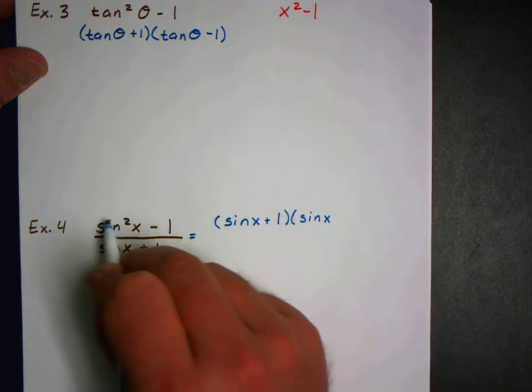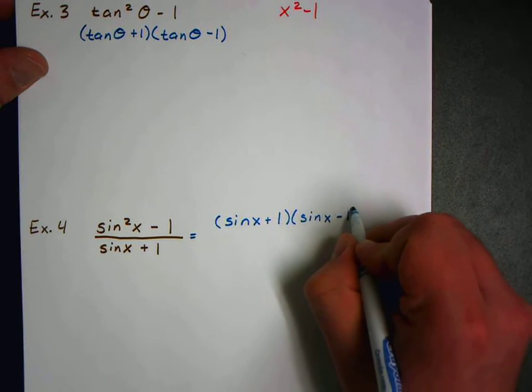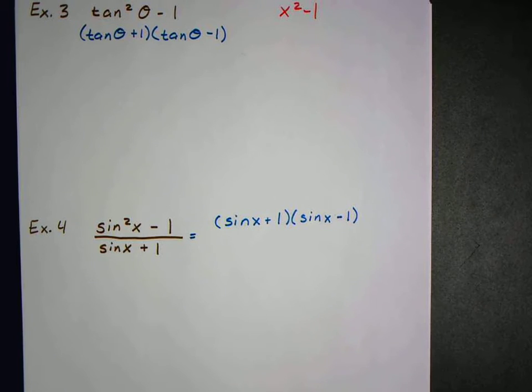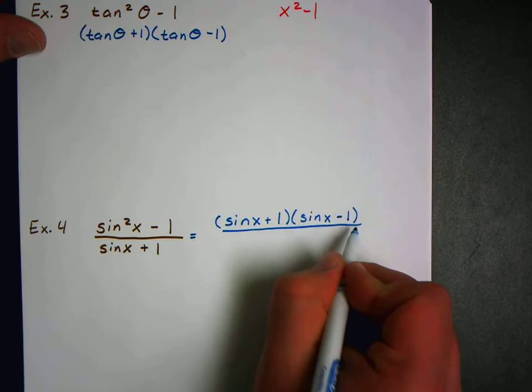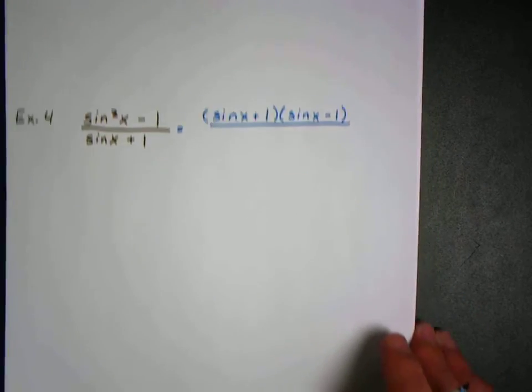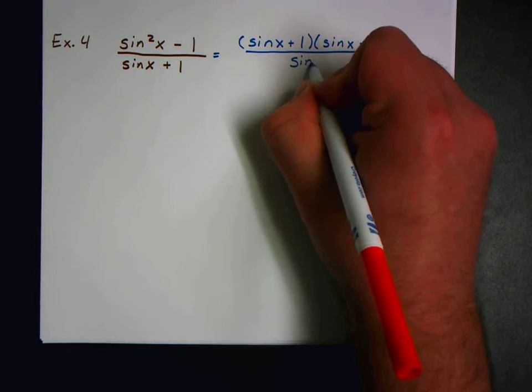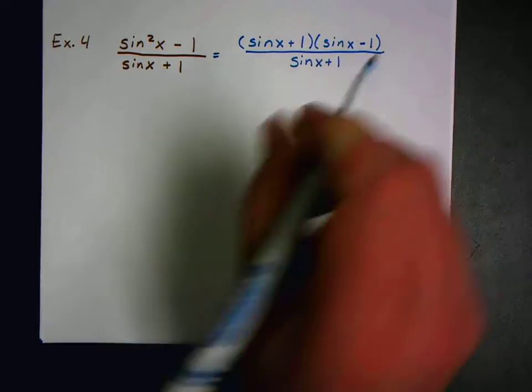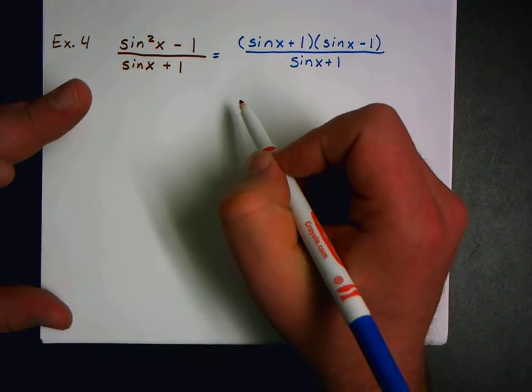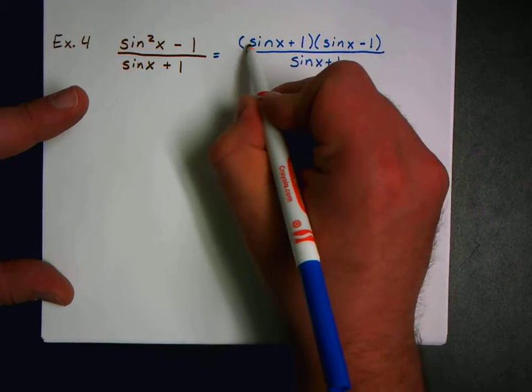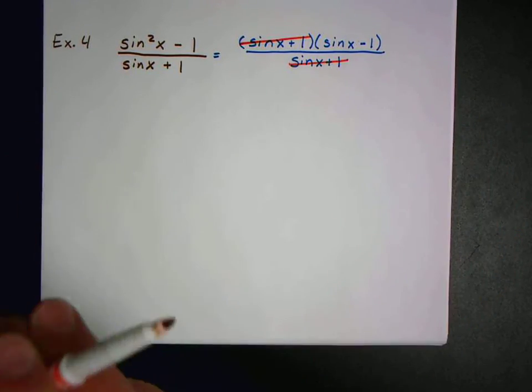Now, yes, on this one, I could use Pythagorean, but again, your instructions will tell you to factor first. They do not want you simplifying. They want you to practice factoring, so they're going to tell you to factor first. Then, after I factor, you can simplify.